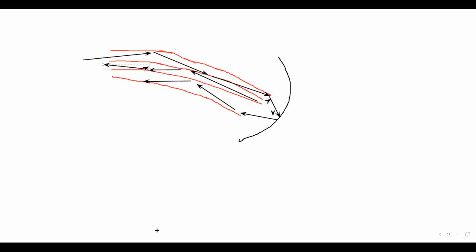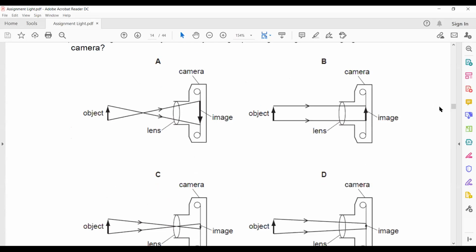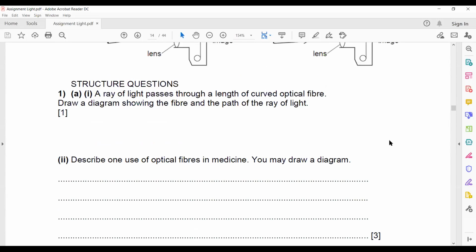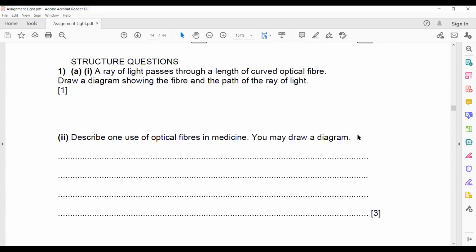I will show a question related to this endoscopy. Look, here is a question. A ray of light passes through a length of curved optical fiber.